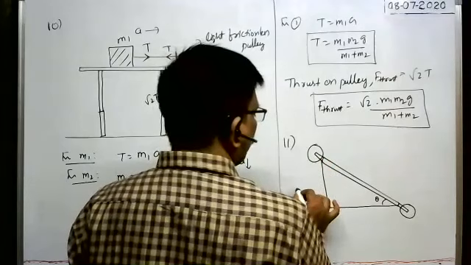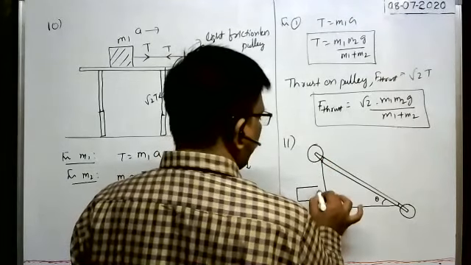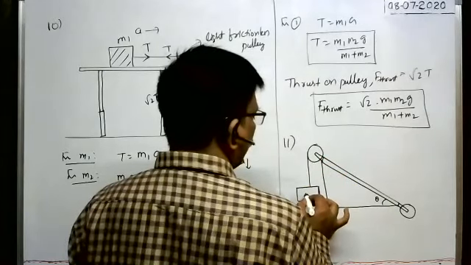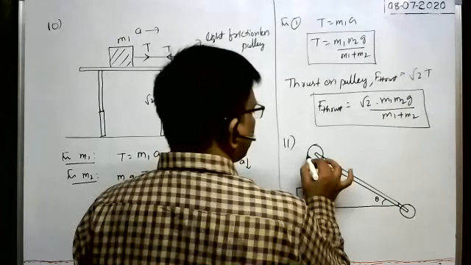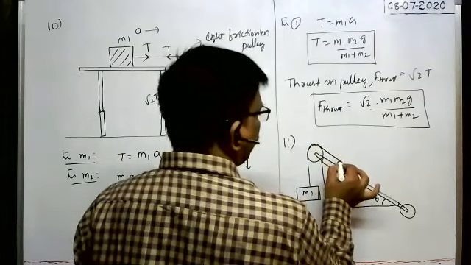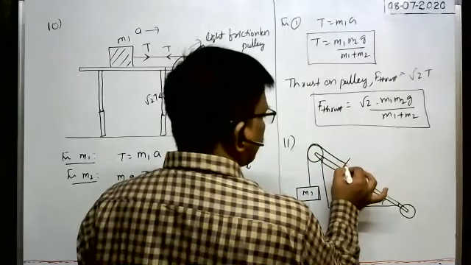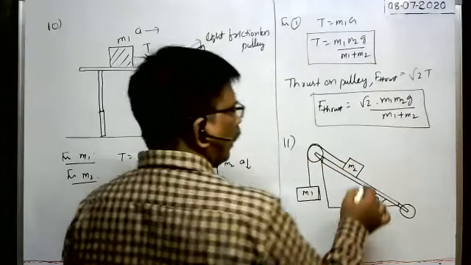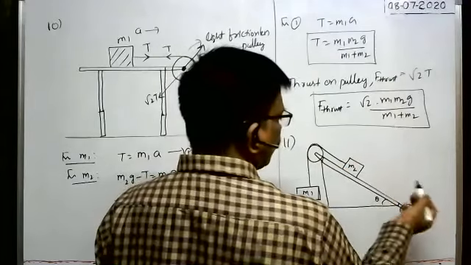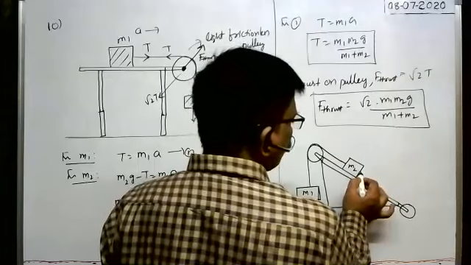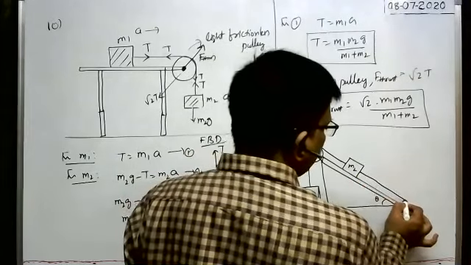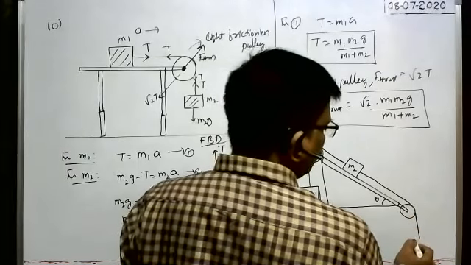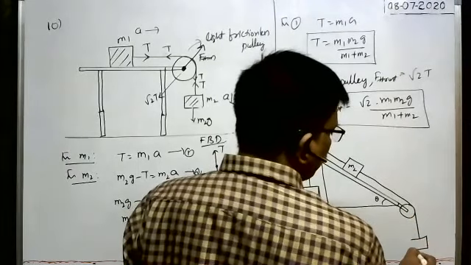Here, one end of the string is fixed to this block having mass m1, and the string is passed over the pulley. At the other end, another block of mass m2 is fixed. You take another string, fix one end to this end, pass that string over the light frictionless pulley, and suspend another load of mass m3.